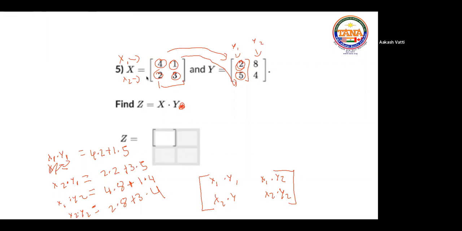If you do all the math, you should get 13, 19, 36, 28.